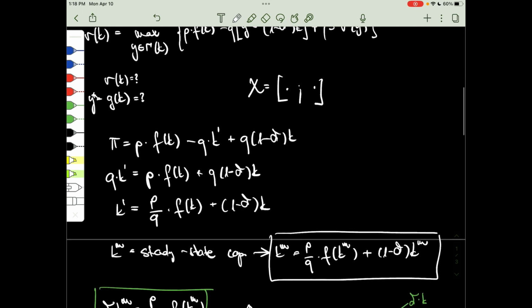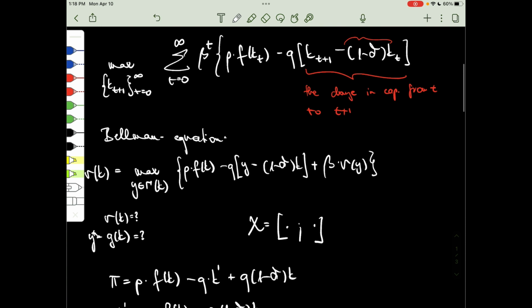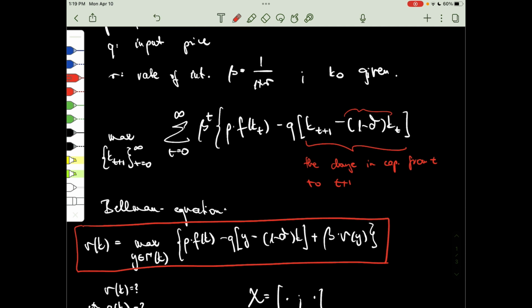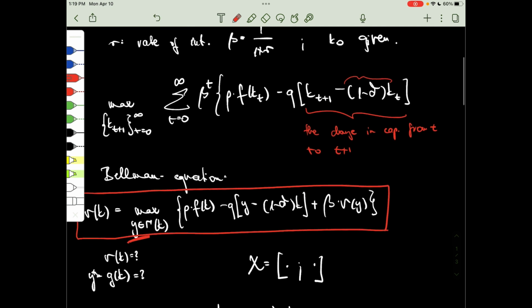Let me show you. So this is the Bellman equation. Given that our control variable is y, the next period capital stock, to get to the first order condition, we need to differentiate this Bellman equation with respect to y.